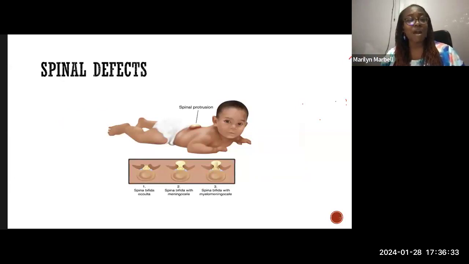All you see is a rough patch on the lower back or some tufts of hair. Once we see that, we want to make sure that the spine has been formed properly so that the child's spine is working properly. Sometimes it's just there, sometimes it's major. The baby will be born and the spine is exposed and the lower limbs are not working. All these can be part of birth defects.